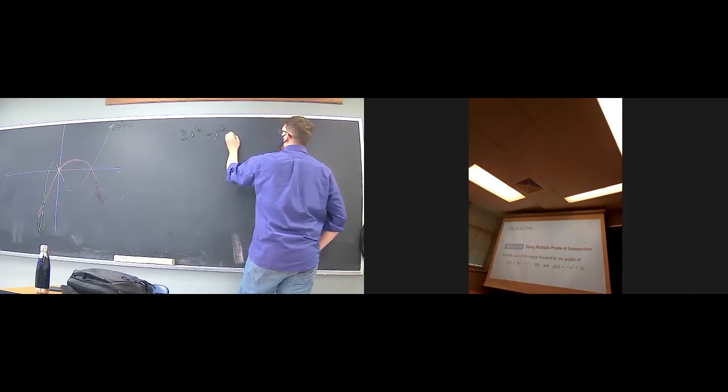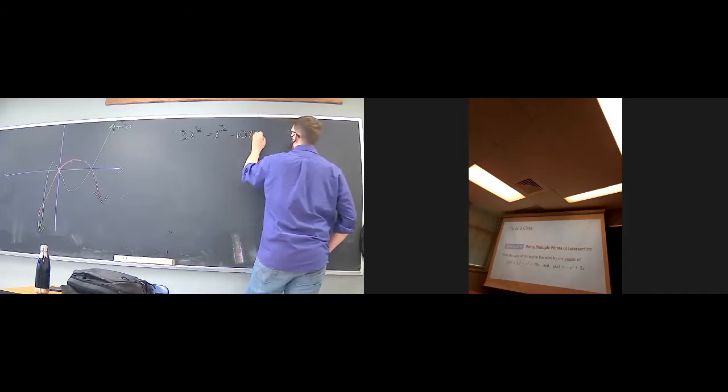So back one, we're going to set 3x cubed minus x squared minus 10x equal to negative x squared plus 2x. This is going to tell us that, subtracting everything from each side, right?